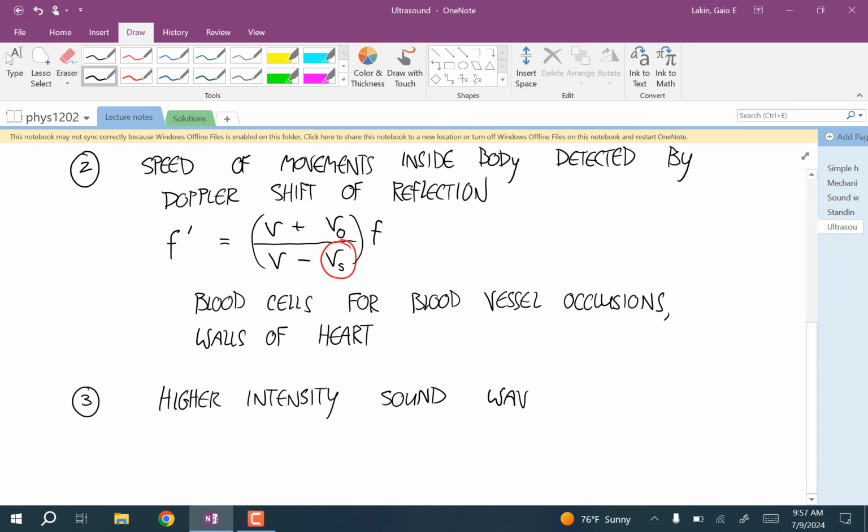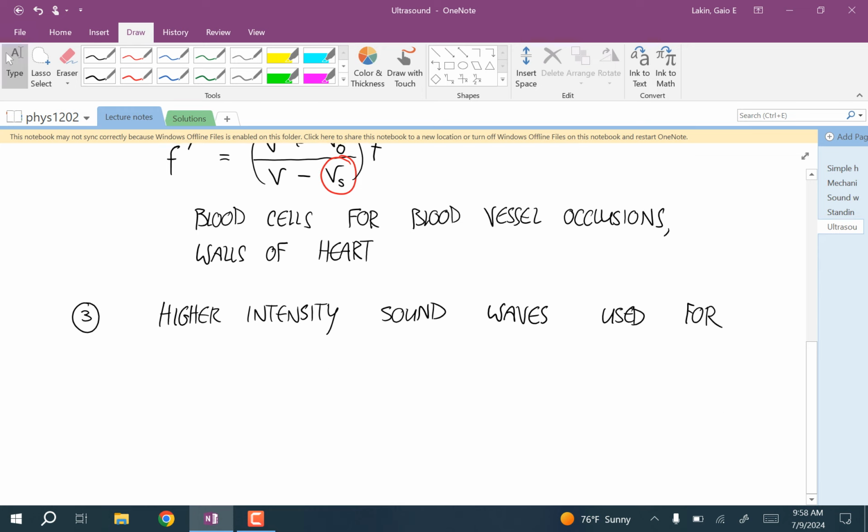So higher intensity sound waves are used for subdermal, under the skin, therapeutic heating.